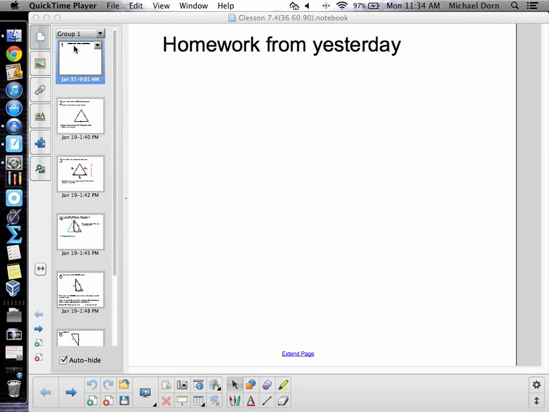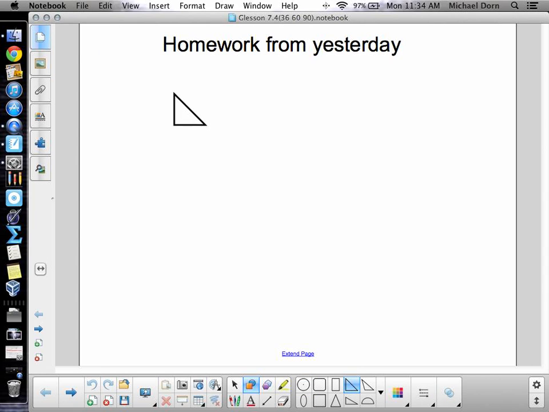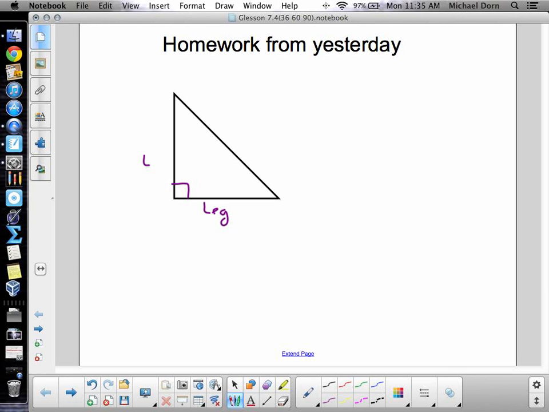Remember that our pattern triangle is: the legs are the same, and the hypotenuse is the leg times the square root of 2. Okay? That's the idea.